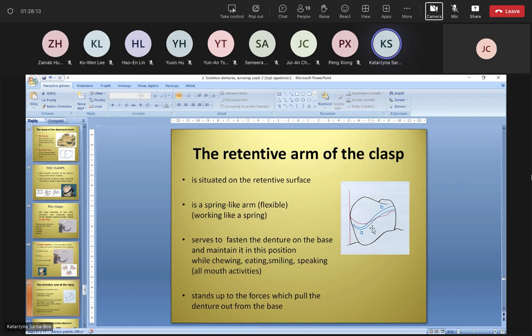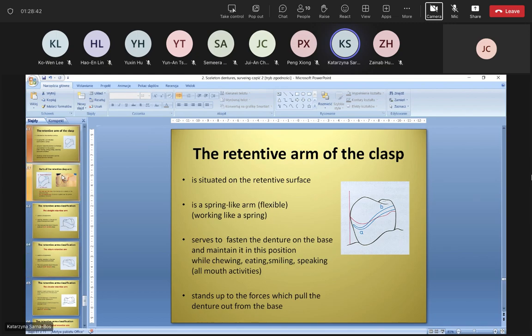Yes, you remember the retentive surface. It is a spring-like arm, flexible, working like a spring. It serves to fasten the denture on the base and maintain it in this position while chewing, eating, smiling, speaking. So in all mouth activities. It stands up to the forces which pull the denture out from the base.